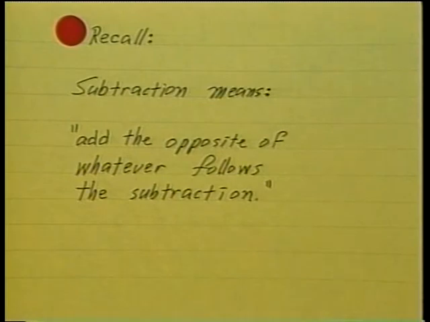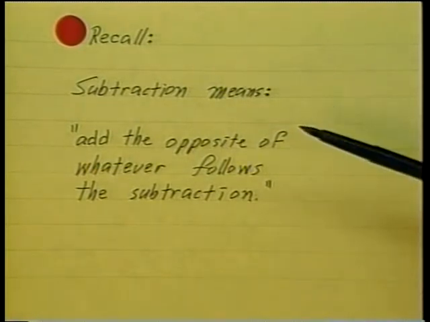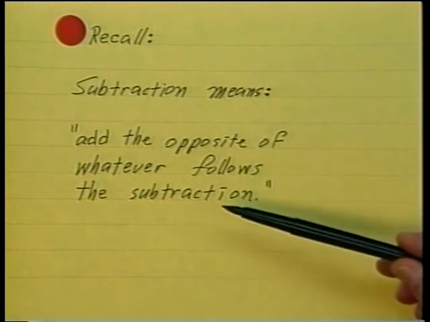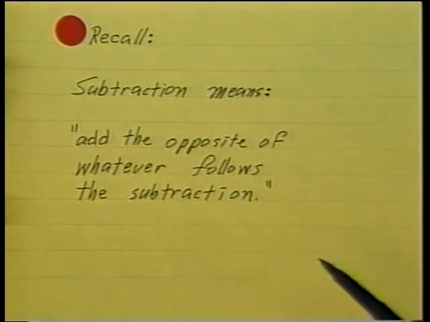This and future lessons will become and remain remarkably easy if we can simply nail down some very basic, simple facts. The first in this lesson is that subtraction means add the opposite of what followed the subtraction.